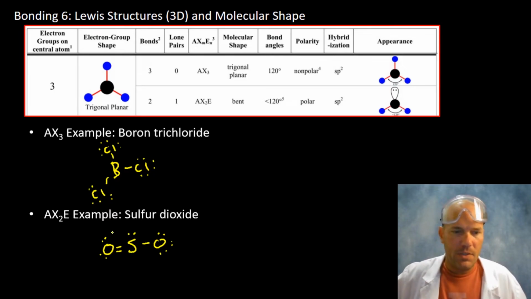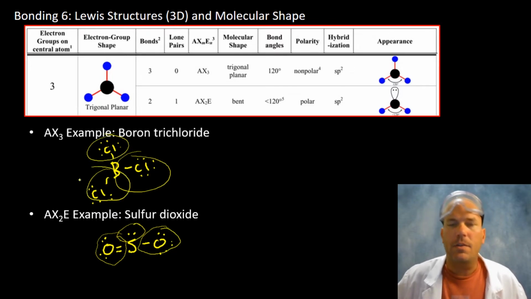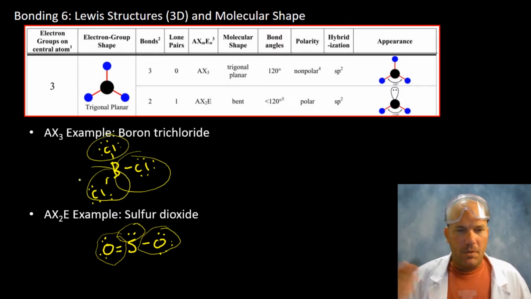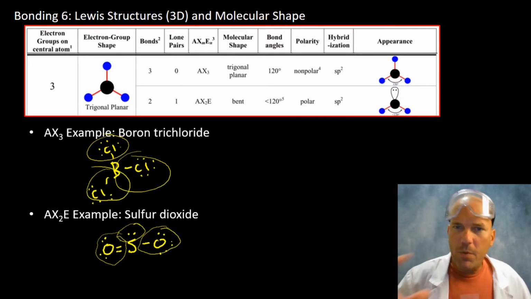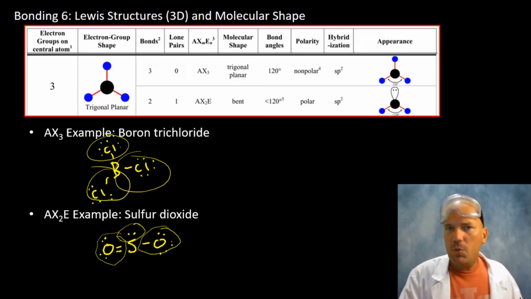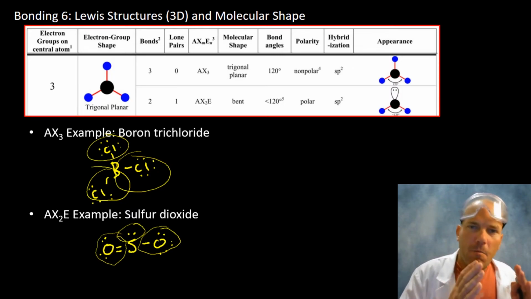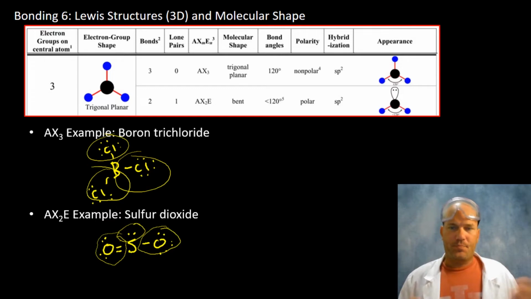So let's count groups here. 1 group, 2, 3. Just like up here, I didn't do it, but it's pretty obvious with the trigonal planar shape. So here we have 3 effective pairs. We have 3 electron clouds, but we have an AX2E where we have 1 lone pair and 2 bonded.